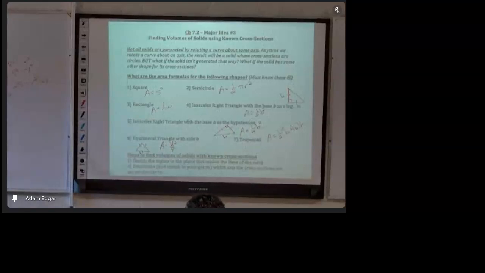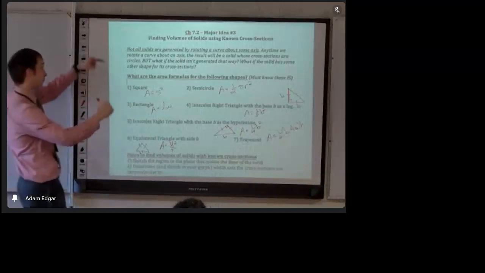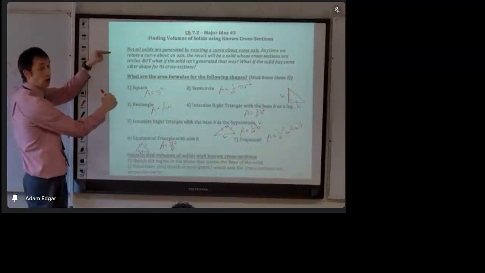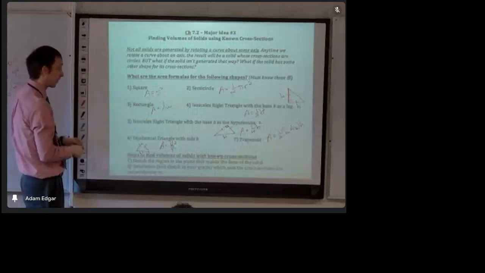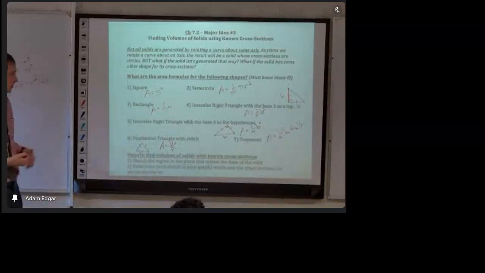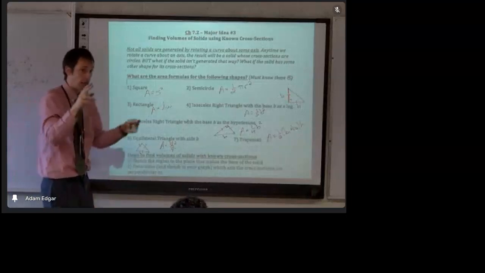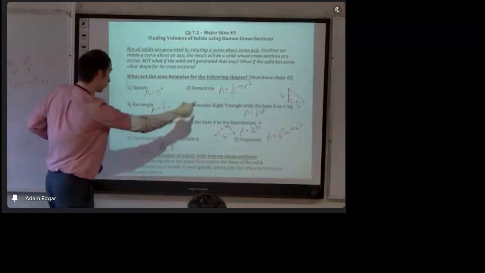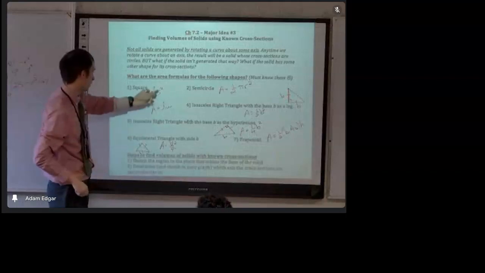So B is going to be the distance between the curves on the graph, so you'll be able to figure that out. B is going to be an expression. Like over here, instead of big R and little r, we'll have B now, and B will be an expression in terms of X. And then you plug that expression for B into one of these formulas for your area equation.